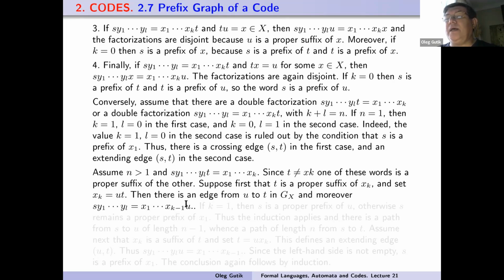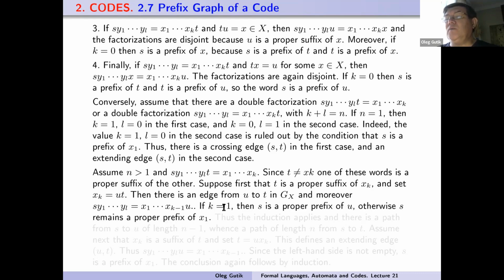Then there exists an edge from the word u to the word t in the graph G(X), and moreover the word s y1 so on yl is equal to the word x1 so on x k minus 1 u.